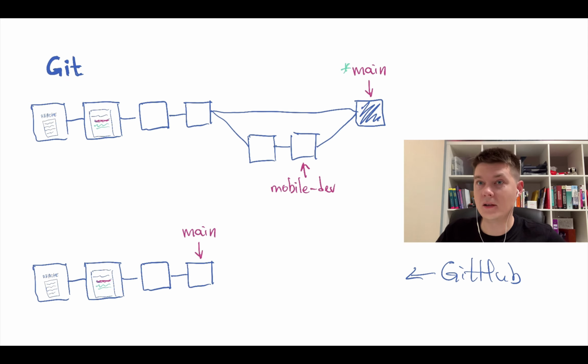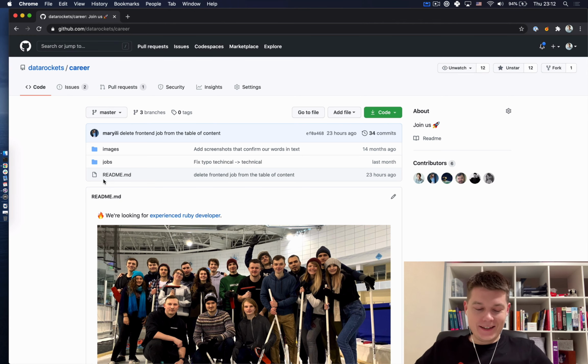We have the readme file and we have the mobile dev job md file in the same folder. I will show you on a real example how it works right now.